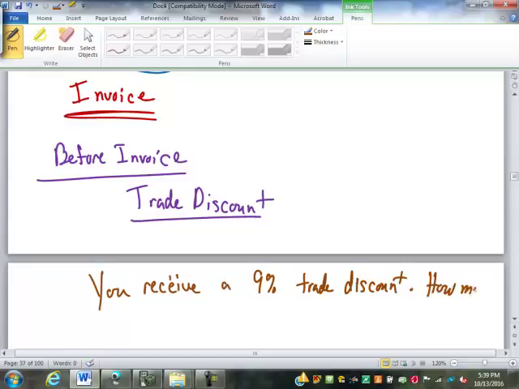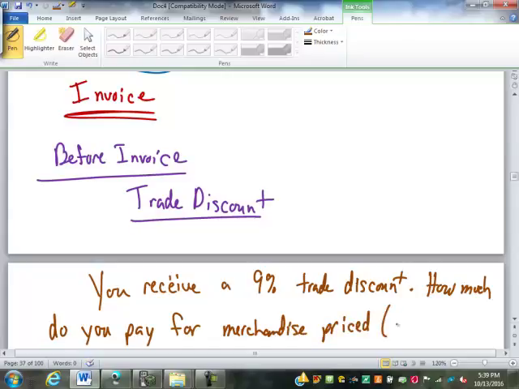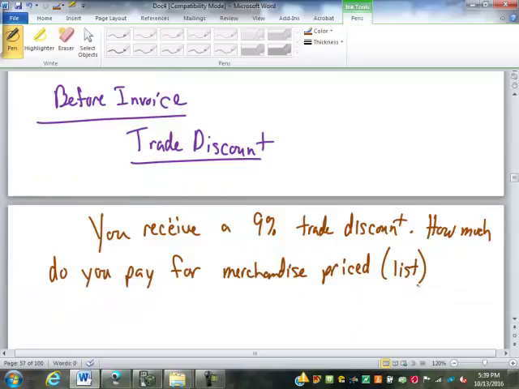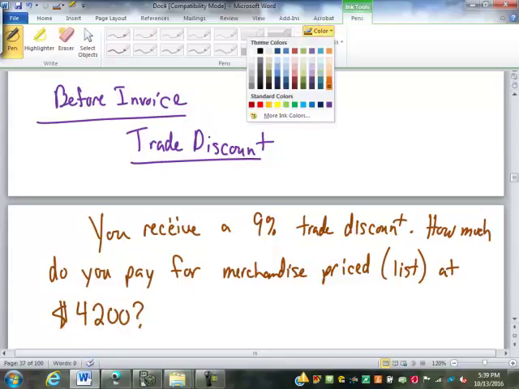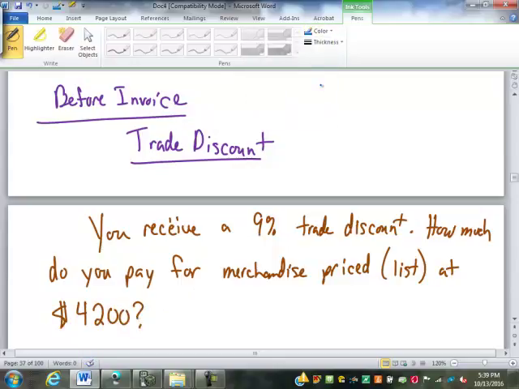How much do you pay for merchandise priced or listed at $4,200? List price is what it's listed as, but your discount comes off of that list price. So you're going to literally receive a 9% discount.